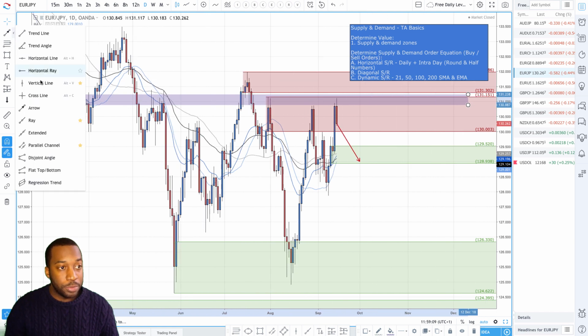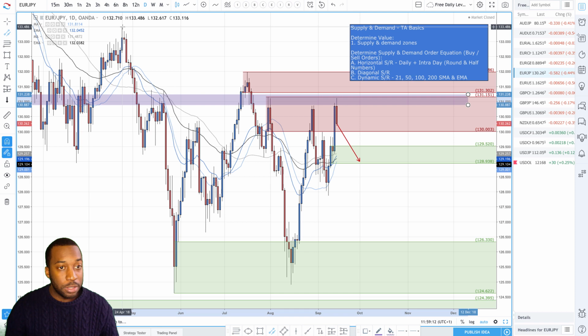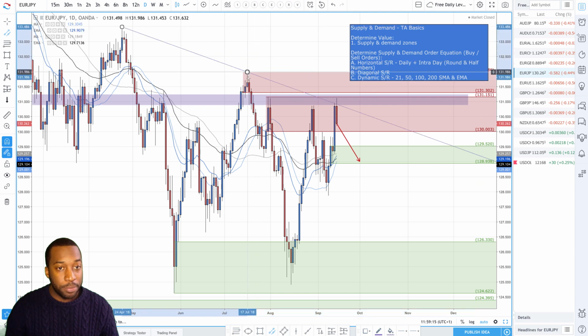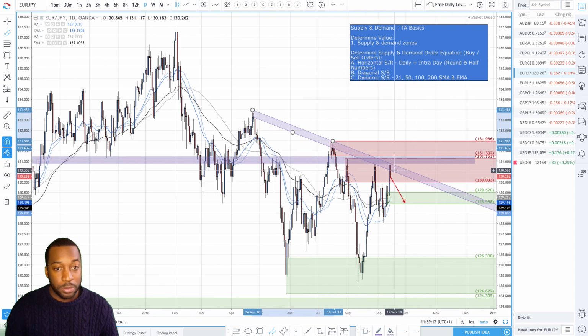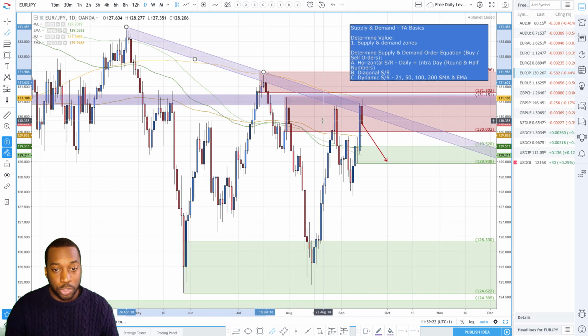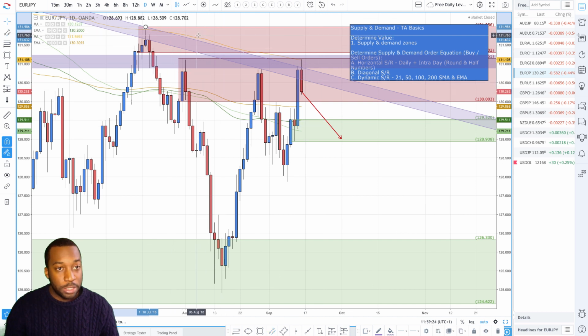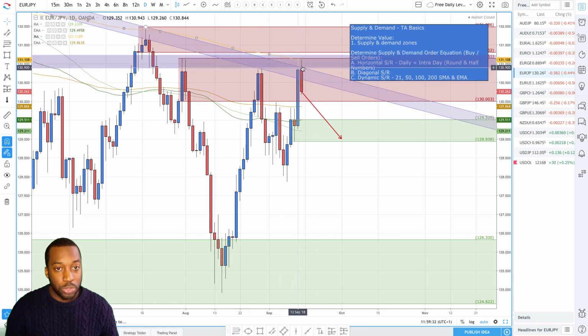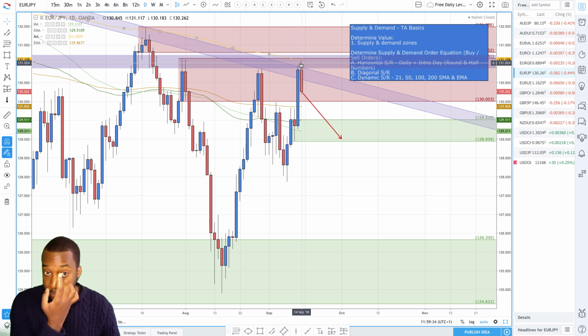Diagonal, you've had this area right here, which came up into this supply zone, and then from a 100 and 200 perspective, I think it was the simple moving average, came up into this area as well. So there was quite a lot of potential supply coming in, and you can see prices have reacted, profit taking going on, and potentially new sell orders coming into that area.